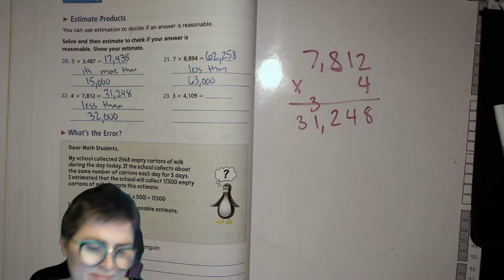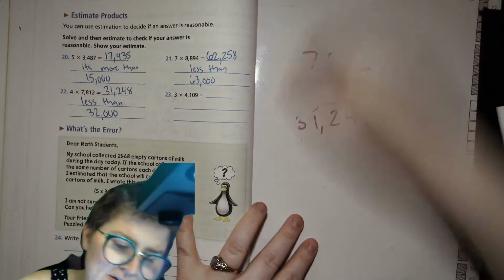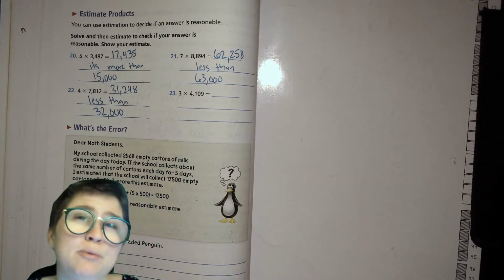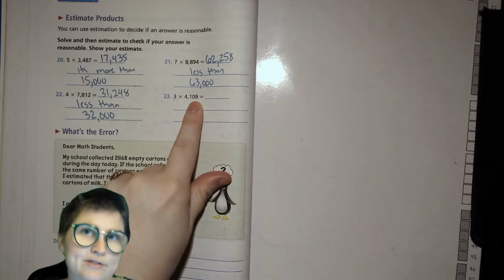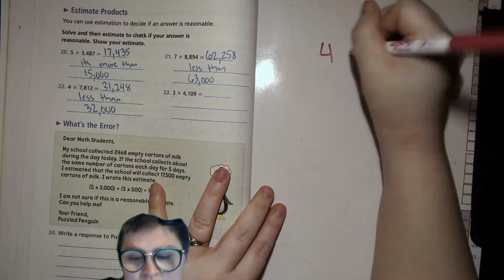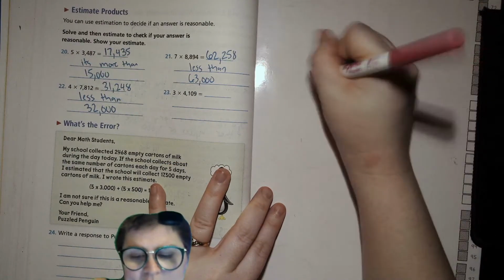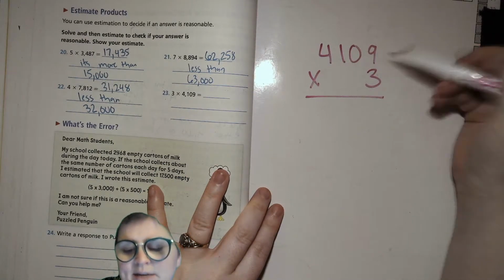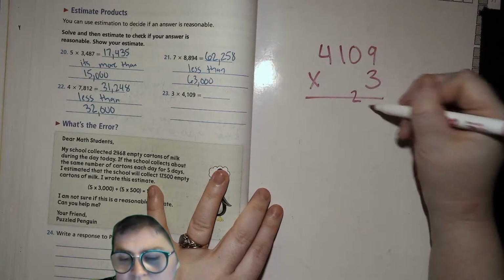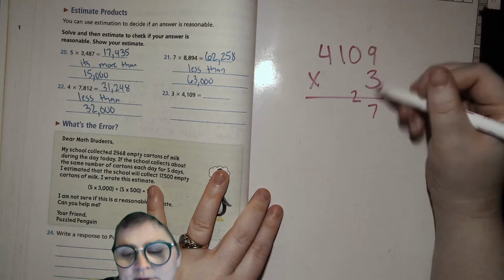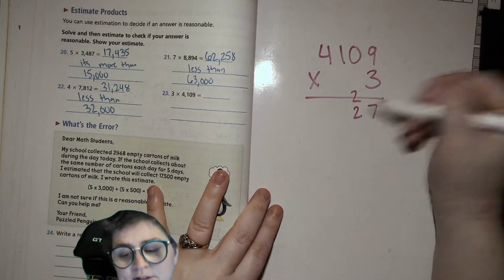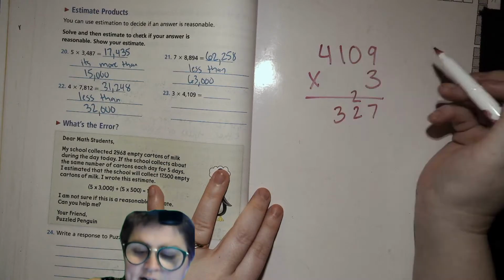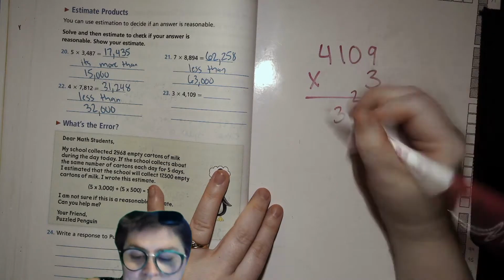Okay. Here we go. It's a little bit more than 4,000, so it should be a little bit more than 12,000 for our answer, right? So 4,109 times 3. 3 times 9 is 27. 3 times 0 is 0 plus those 2 tens though, so that goes there. 3 times 100 is 300, and 3 times 4,000 is 12,000.